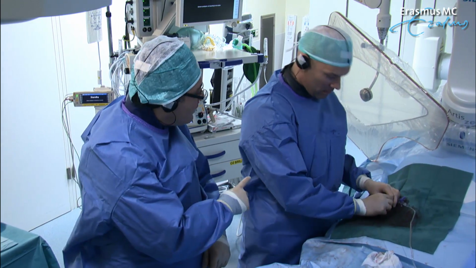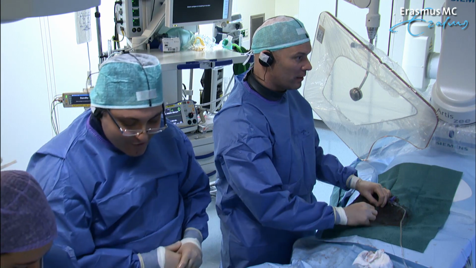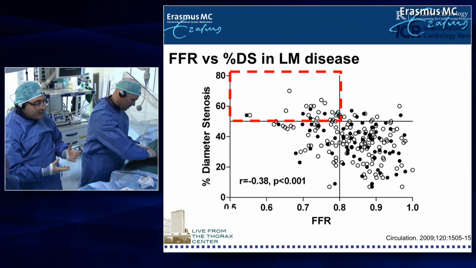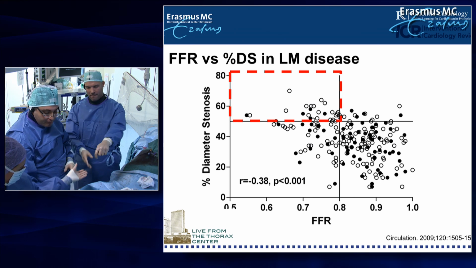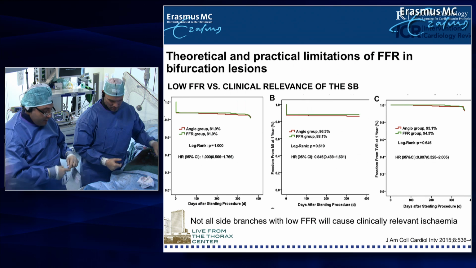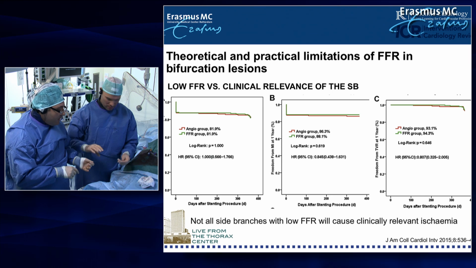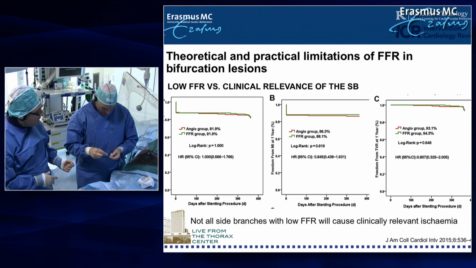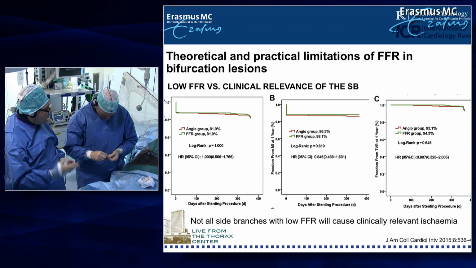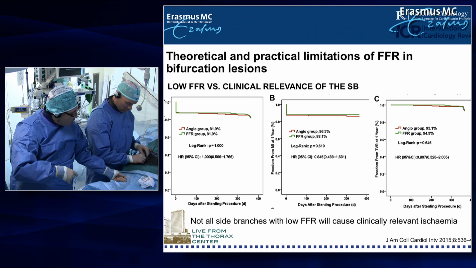Maybe in the meantime we can finalize the discussion that we started, because otherwise we leave the audience without understanding the content of what we want to say. We were saying that, regarding the few data that we have on FFR in bifurcation lesions, FFR-guided PCI in a small group of 200 randomized patients was not that impressive. We did not have a real big advantage of FFR in this group of patients.